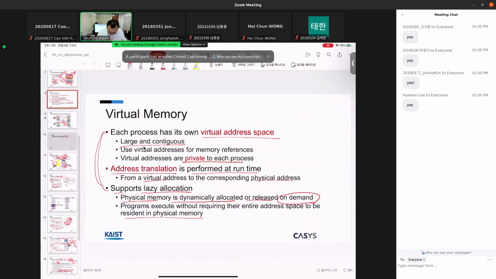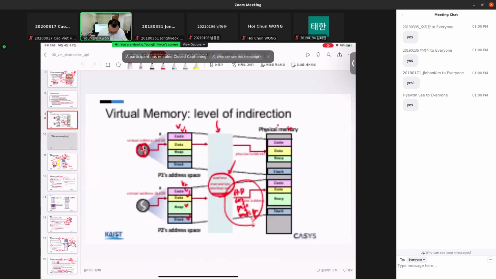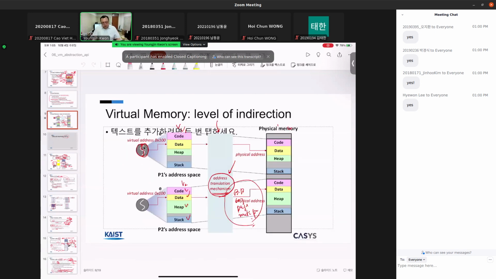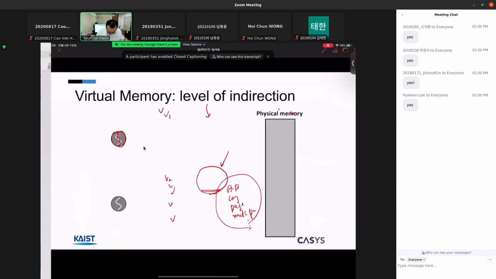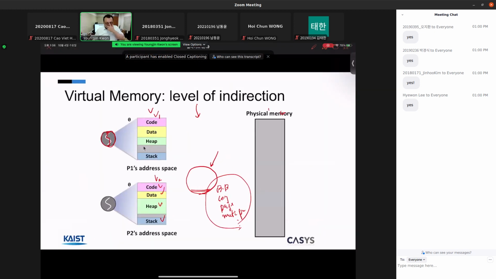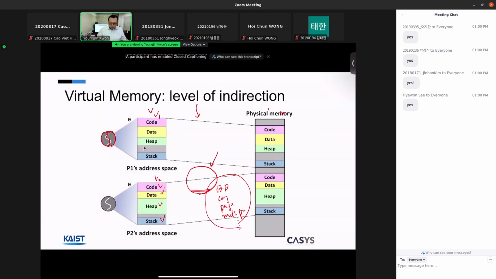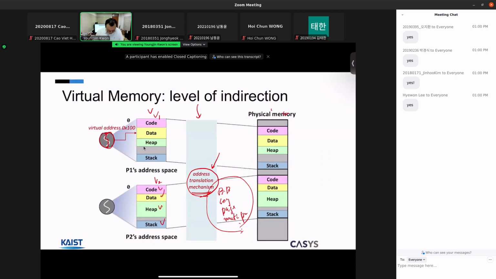That leads to this picture where each process has its own address space and they need to be translated into physical memory. This is the focus of today's lecture, this address translation mechanism.